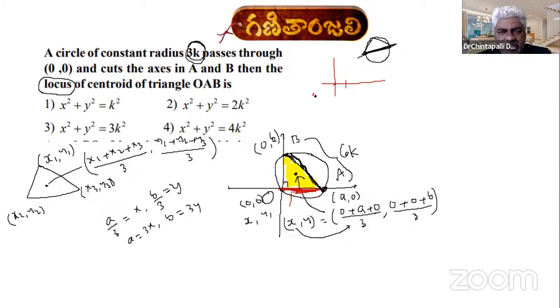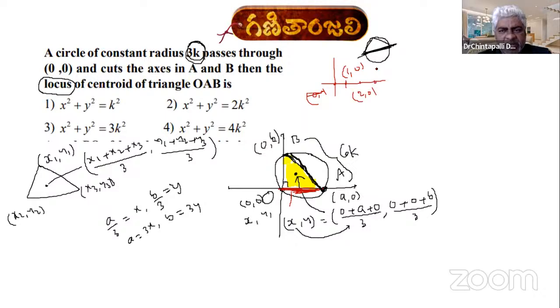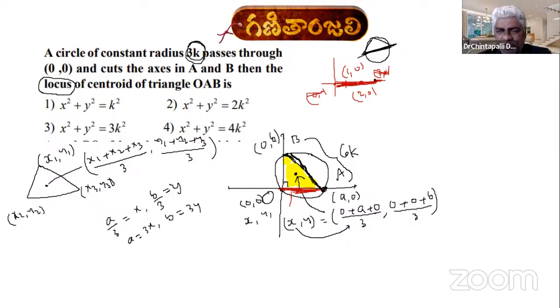Coordinates of this point are (0, 0), this point (1, 0), this point (2, 0) because its distance is 2 units, this point (3, 0) because its distance is 3.